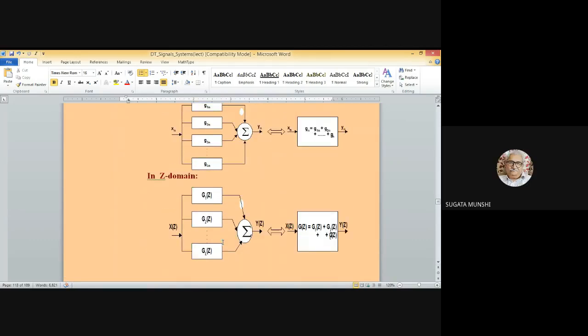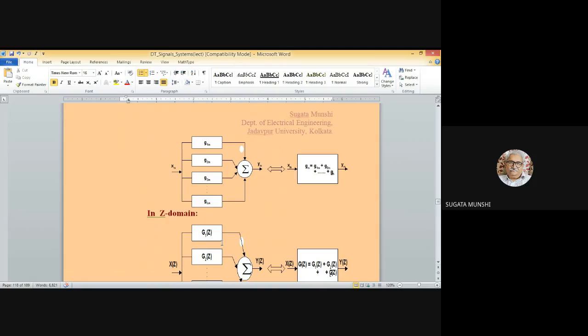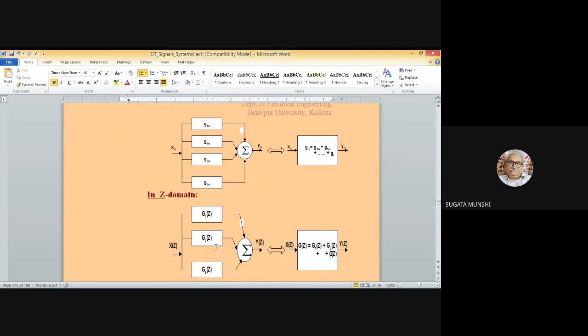This is the pictorial depiction of what I have stated. In the subsequent properties that we will point out, there will be something that will help you in actually obtaining the convolution of two sequences.